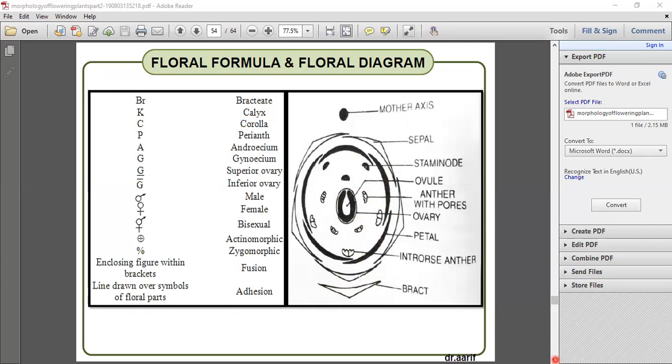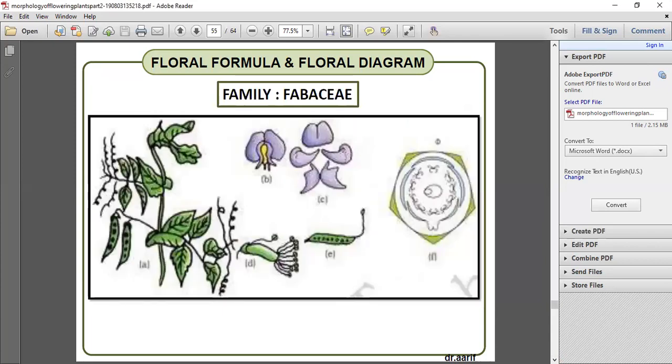Now we will look into one family. First family is Fabaceae. Looking into this flower, can you try and predict the floral formula, beta? First of all, let me ask, is it an actinomorphic flower or a zygomorphic flower? What do you think? Look into the flower, which is blue in color.